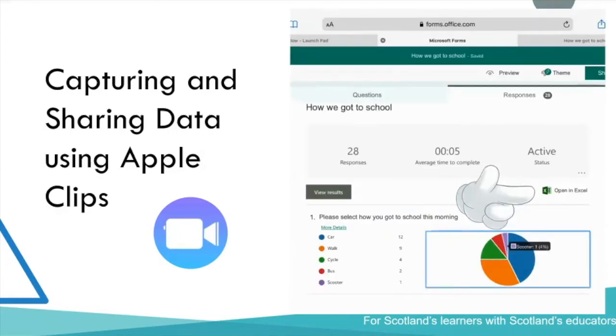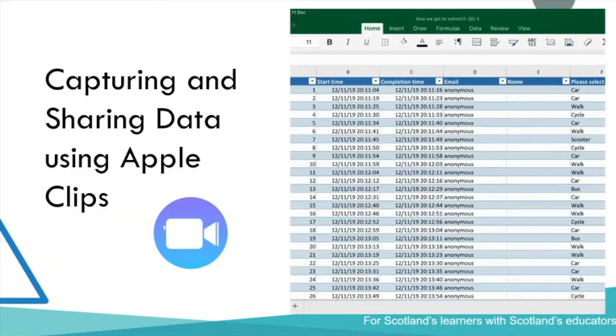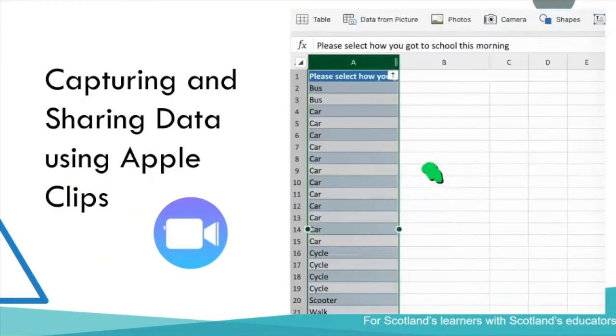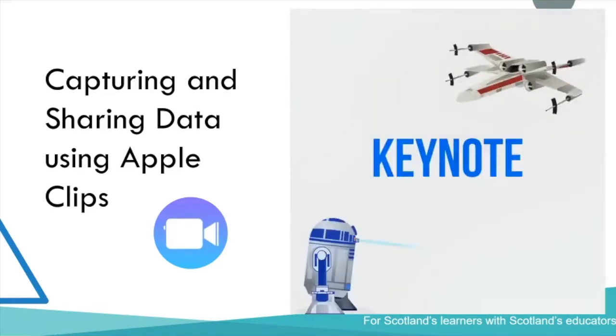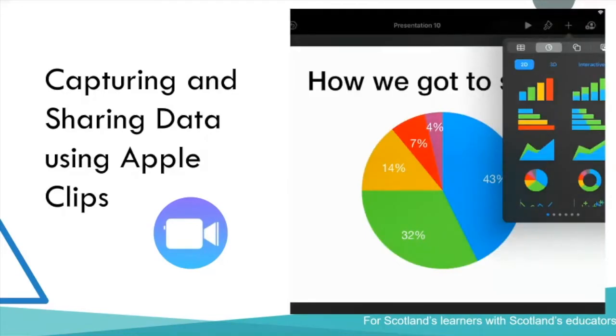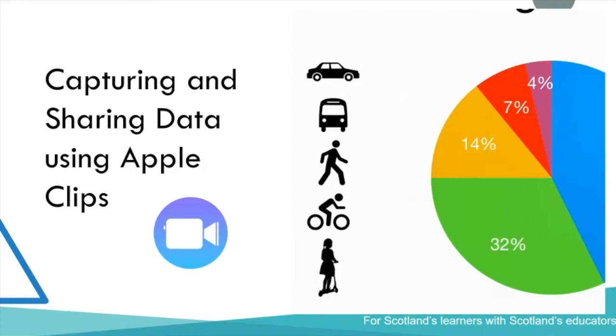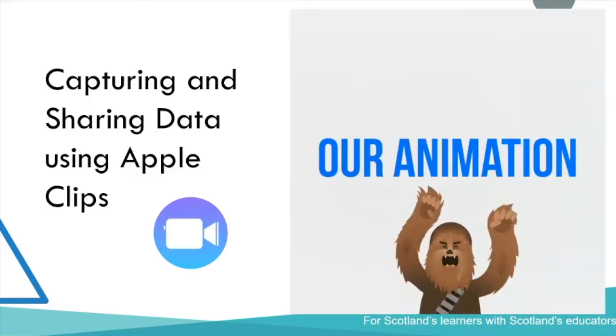We opened the data in Excel. We removed the columns we didn't need. We sorted the column alphabetically. We wanted to create an animation in Keynote. We added a pie chart with the data. We then added some graphics.